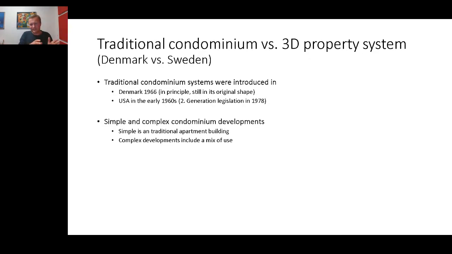Now, it's interesting to see that these two systems have evolved differently. The system in Denmark is actually still in its original form, but in the United States, it was necessary to change the legislation into a second generation legislation in the late 70s, because they needed a legislation that was more capable of dealing with the more complex situations where buildings included a mix of different use.